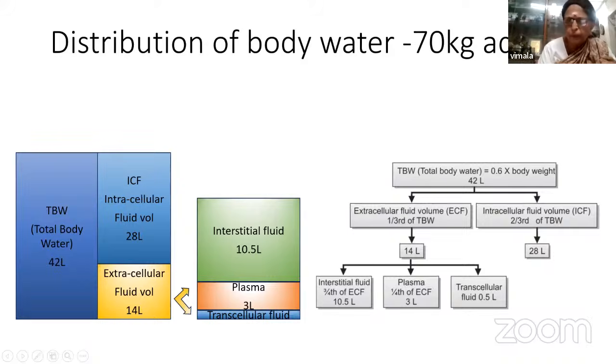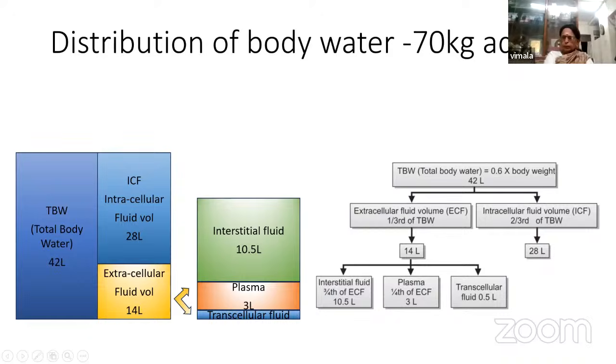Of this 42 liters, 2/3 goes into the intracellular compartment. The remaining 1/3 will go to the extracellular compartment. The extracellular compartment is composed of the interstitial fluid, plasma, and the transcellular compartment.